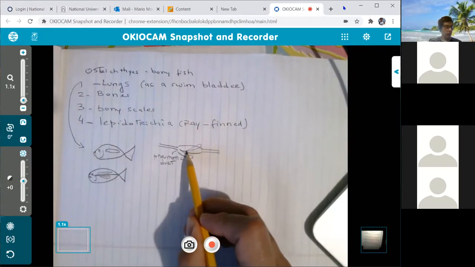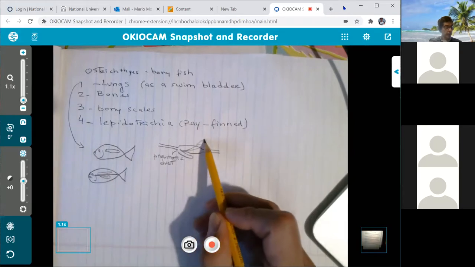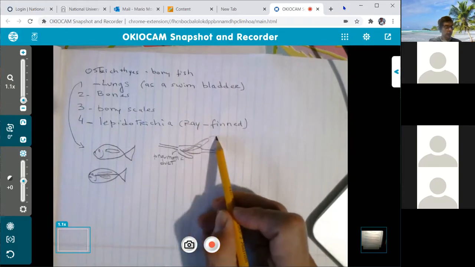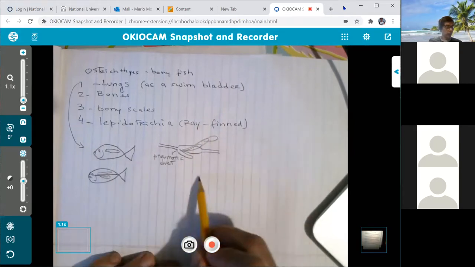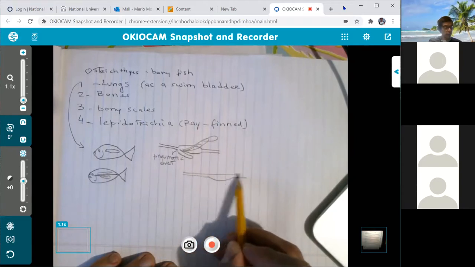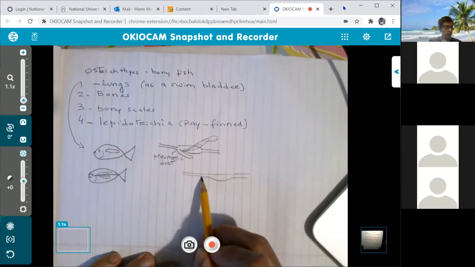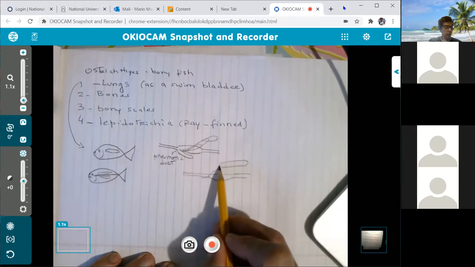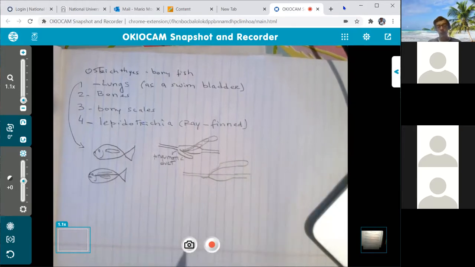I'm just drawing it out, moving up like that, and then up like that. Basically moving. Let me draw again. If this is the esophagus and the stomach, it would start to go dorsal to the stomach, so the fish doesn't flip.